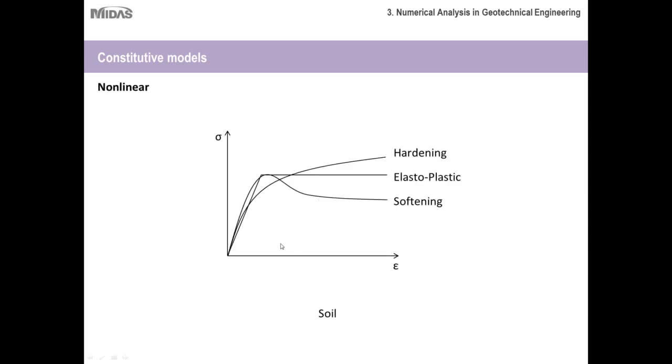Whereas with soil, it reacts in one of 2 ways. The stress will increase linearly up to a point, and then it'll reach what's called the elastoplastic range. This is the point where soil would cease to retain its shape after, for example, the load was removed. Once it reaches this point, one of 2 things happens.